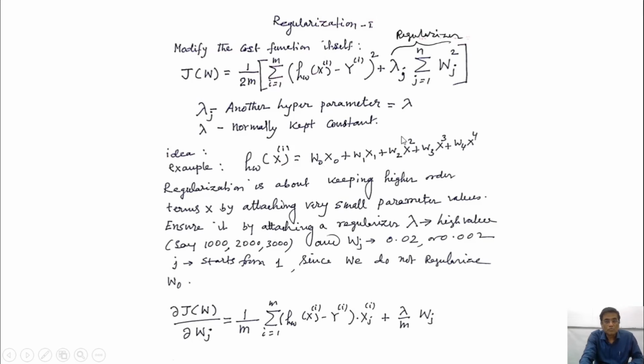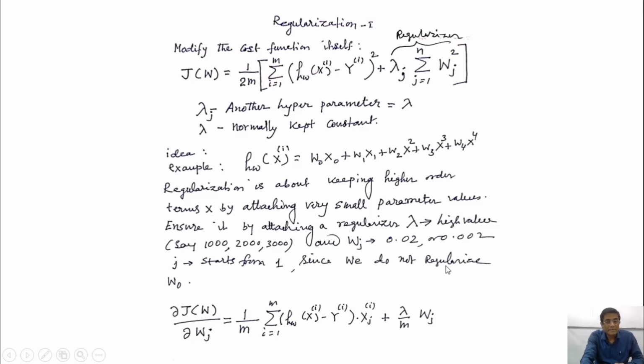So why not keep the importance of these features, x square, x cube, higher order feature terms, by attaching an appropriate parameter to it, and let this parameter value be very, very small and regulated by attaching a lambda to this parameter w, so that lambda will have a high value if required, and then the parameter will have very, very low values, like 0.02, 0.002.